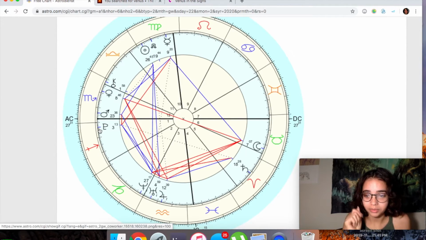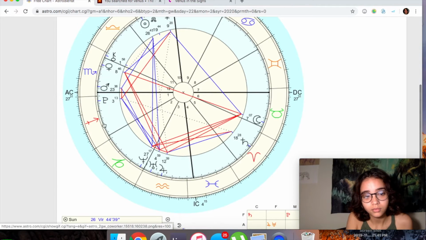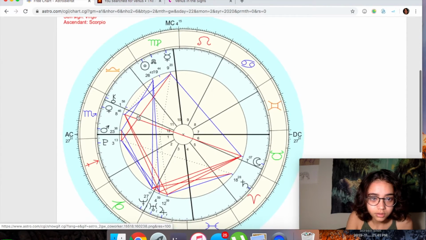And with that being said, going into the 30 degrees of each sign here, literally these little lines that you see here are the degrees. If you count all of these degrees, how many degrees is a circle? 360. There's 360 degrees in this graph.